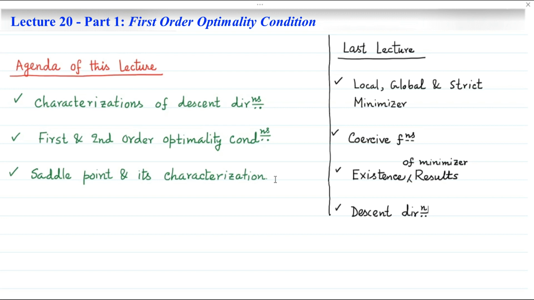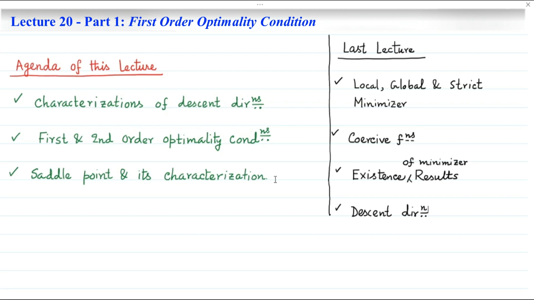And later on, towards identifying characterizations of optimum points, I mentioned that we require the notion of descent directions. At a particular point x bar, a given direction d is a descent direction of the function f if the function decreases at least locally along the given direction d from the point x bar.